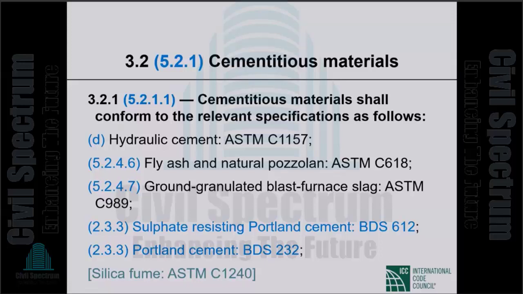Silica fume is recognized in ACI 318-08, but it is not in BNBC 2020. That is another important mineral admixture that you need for high-strength concrete.